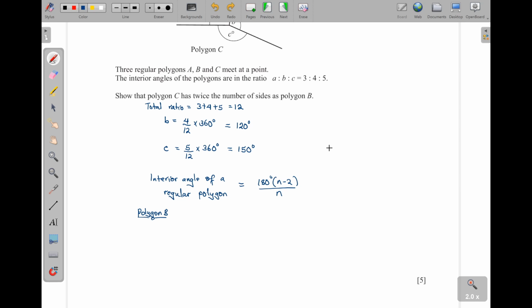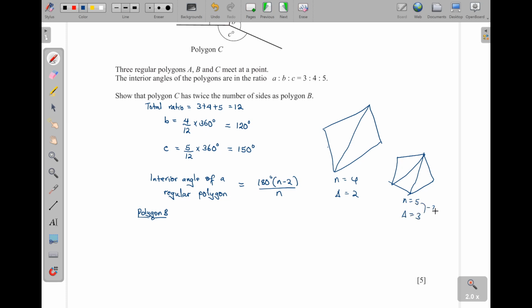N minus 2 is about the triangles which you form. For example, if I have a quadrilateral, n is 4, but the triangles are 2. Then when you get, let's say, a pentagon, you draw the triangles from one side. These are 3. N is 5, but the triangles are 3, so it reduces by 2.